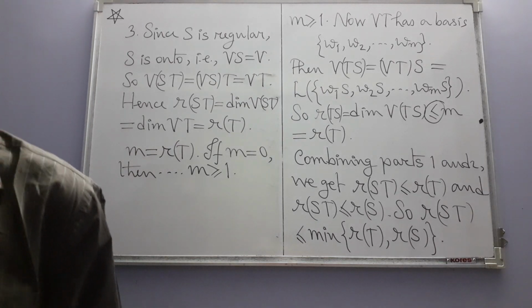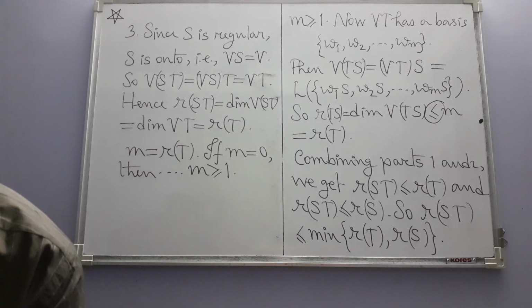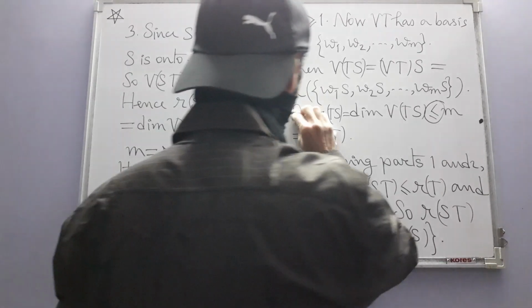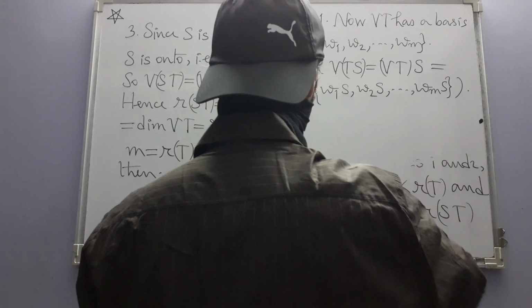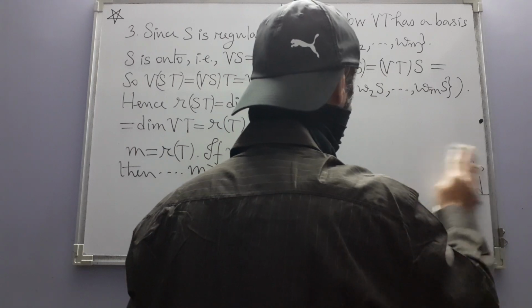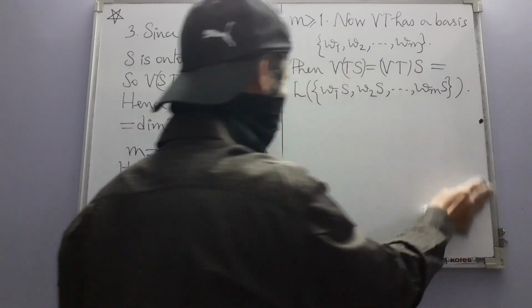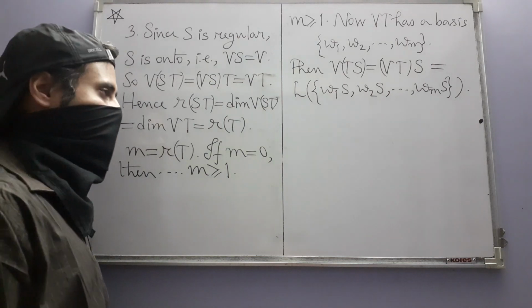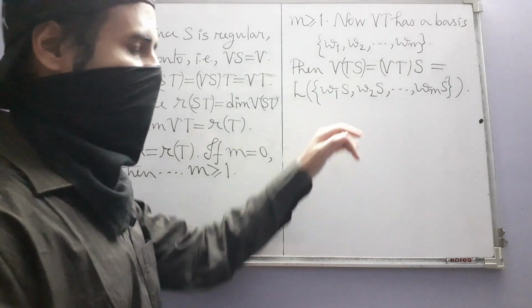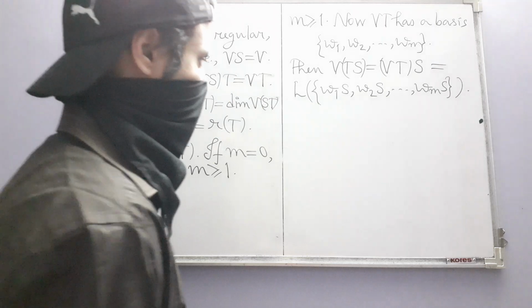Let's see. So we can modify this part itself. For linear independence of a finite set, we just apply the definition.